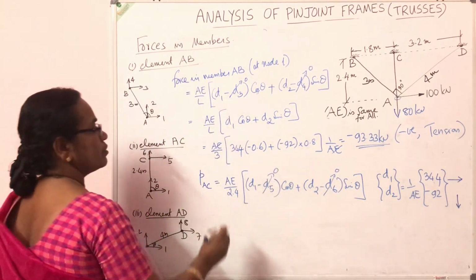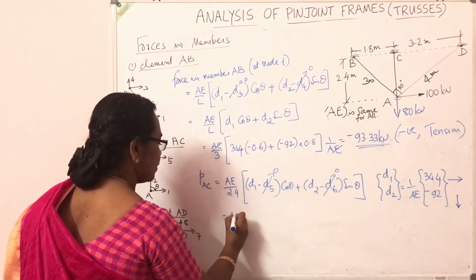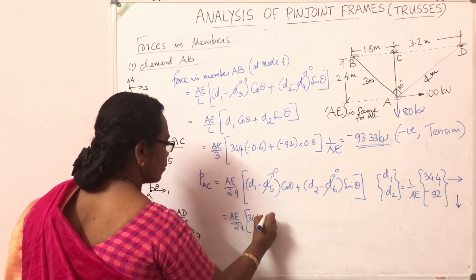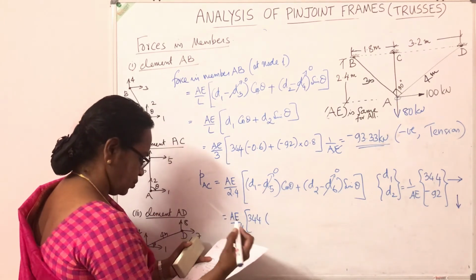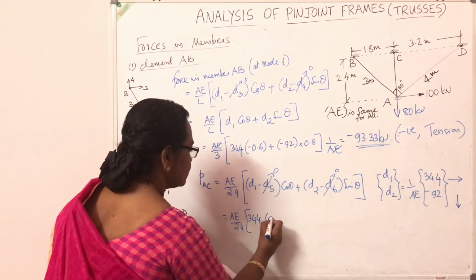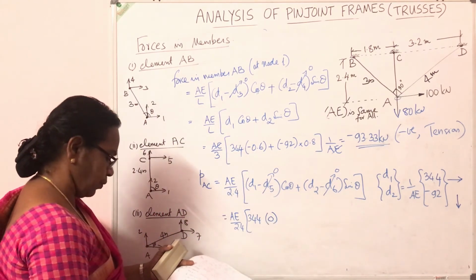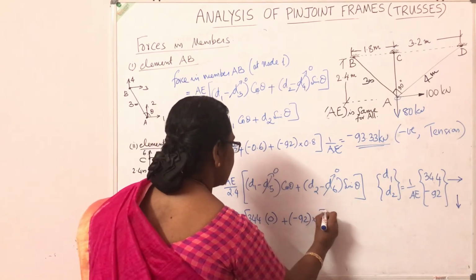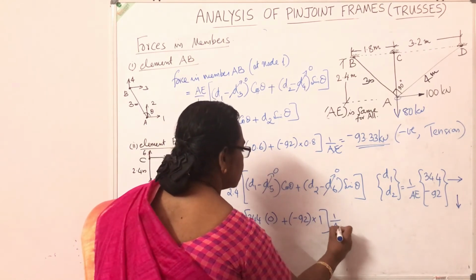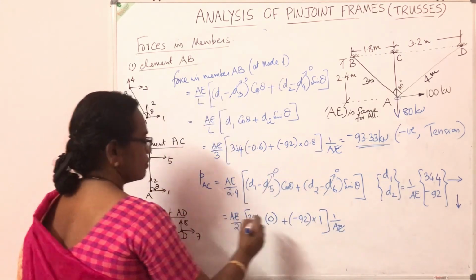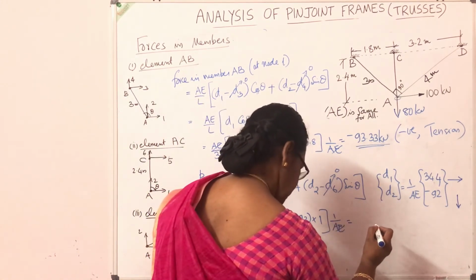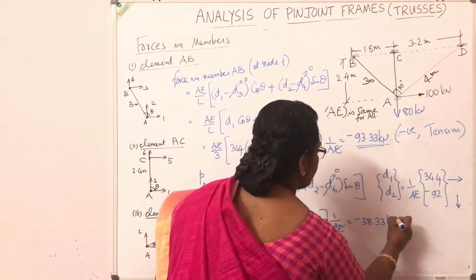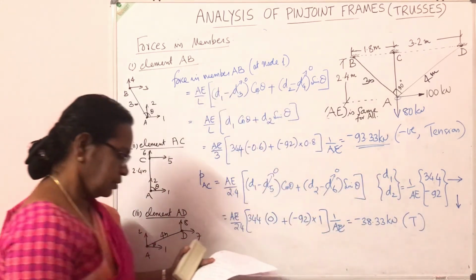These two displacements of joint C are 0. So we can write it as AE by 2.4 into D1 344, and cos theta of that element, referring to the first element stiffness matrix, is 0, and D2 minus 92 and sin theta is 1, into this 1 by AE. So it gets cancelled and we get the force in member as minus 38.33 kilonewton. That means that is also a tension member.